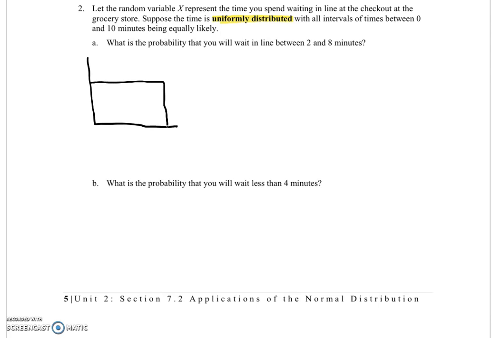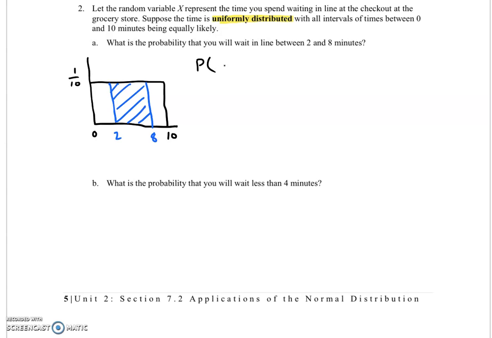So remember, we have between 0 and 10, and the height is always 1 over the length of the rectangle, so that's 1 over 10. So what's the probability we'll wait between 2 and 8 minutes? So we need to find this area.